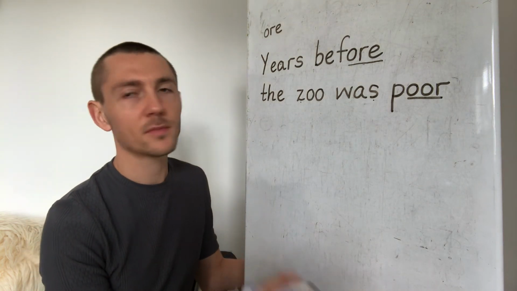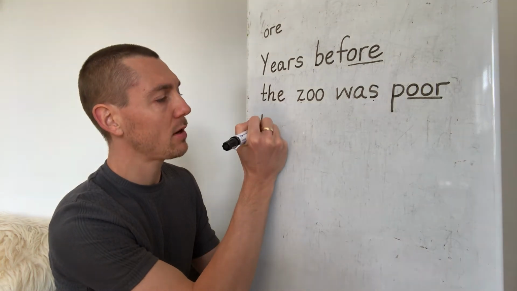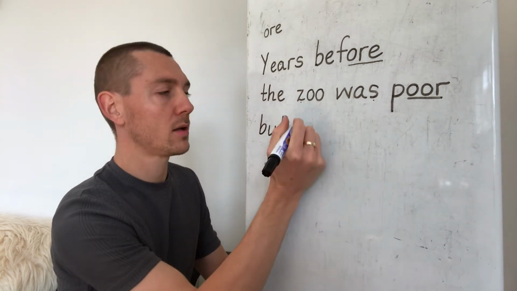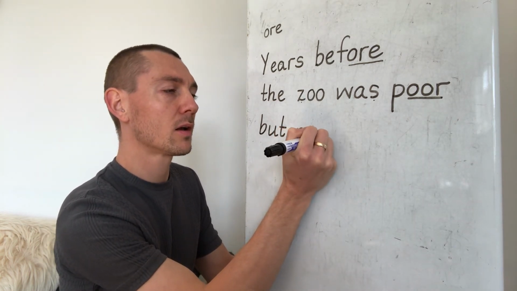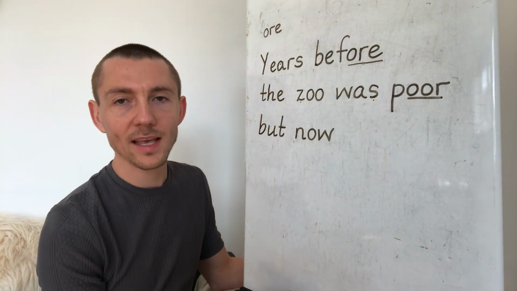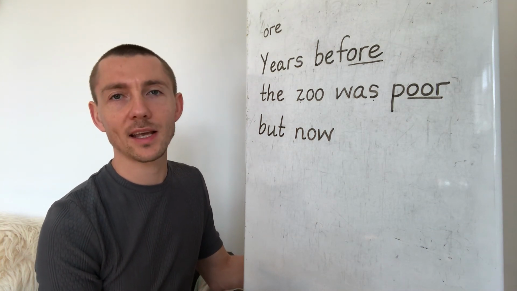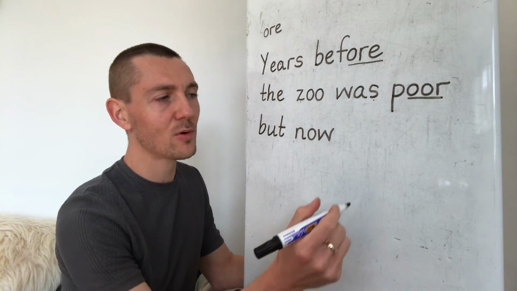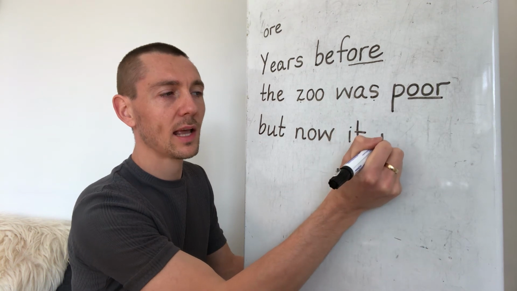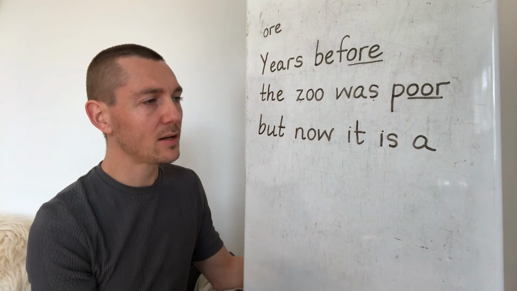But now, 2 words, but now, and we say b, a, t, now, ow. But now, it is a cleaner place. But now it is a cleaner place. 5 more words. And we say it is a cleaner place.